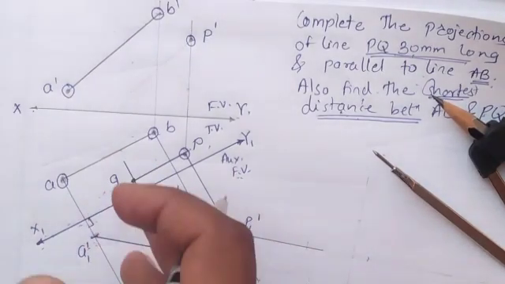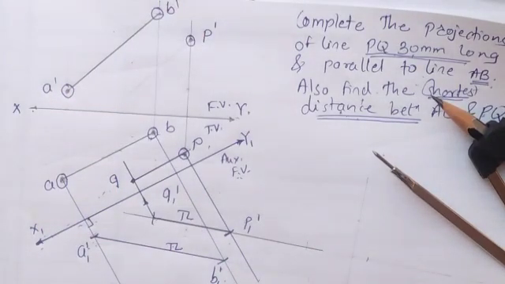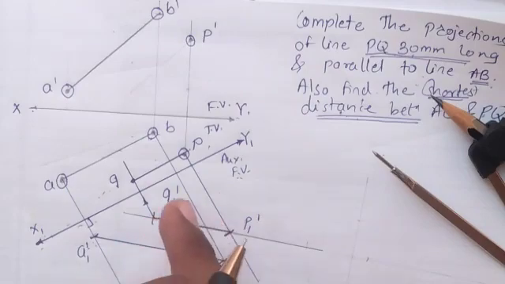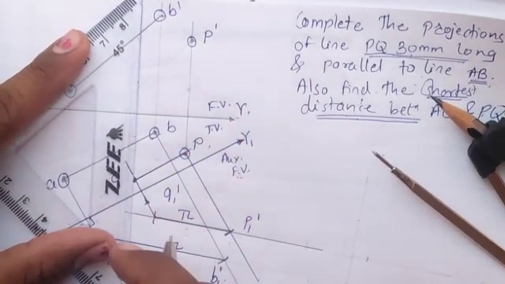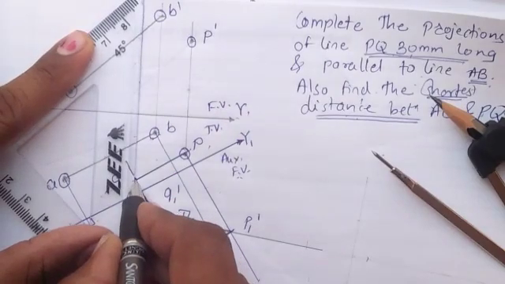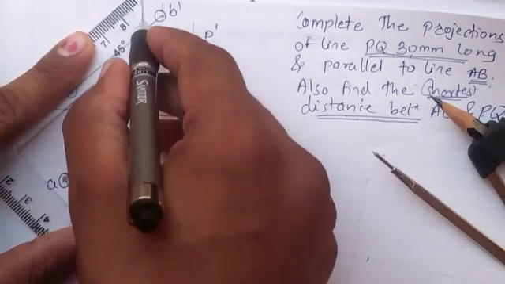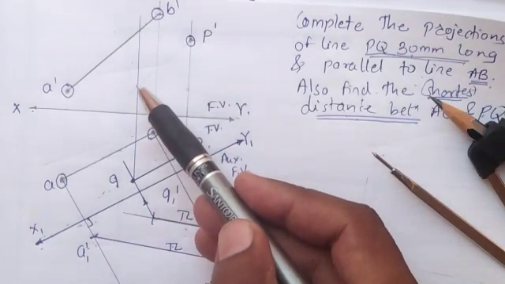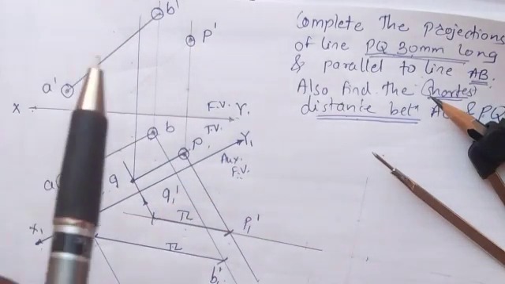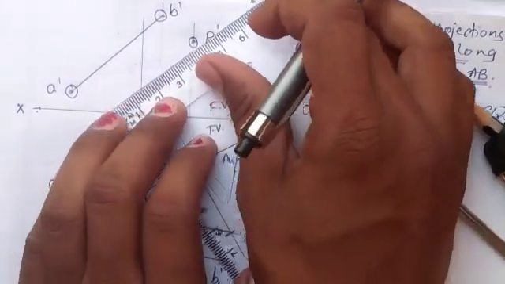Now transferring point Q to the front view. How to transfer? Again it should be perpendicular to XY. Transfer it up. Again, how to construct line PQ? Here in the front view also, line PQ will become parallel to line AB.